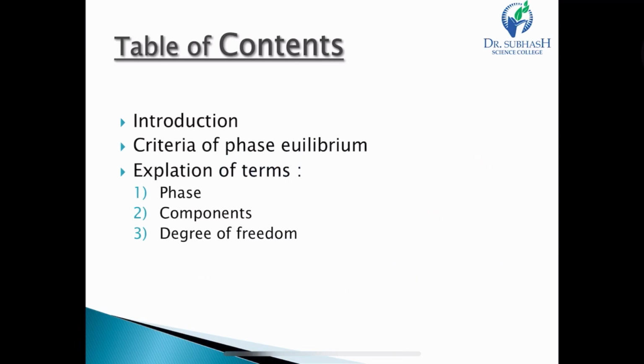So some table of contents here. First of all, introduction, then phase equilibrium, then explanation of terms. First one is phase, second one is component, and third one is degree of freedom, right?